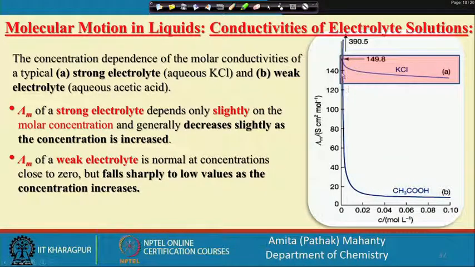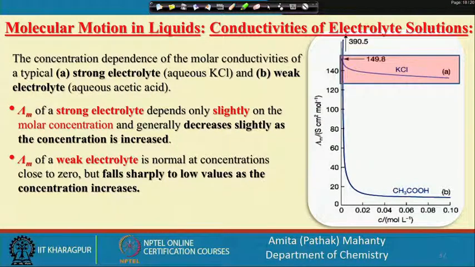So, it is going to be somewhere here near 0 concentration, and it is going to fall drastically as you keep increasing the concentration.